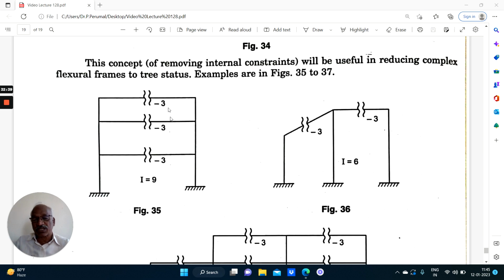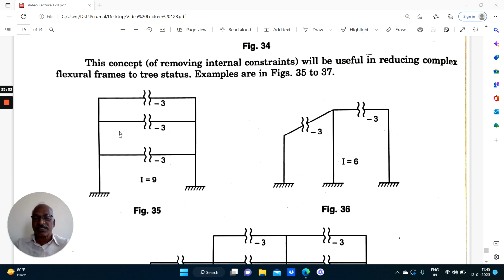Earlier, what we have done is, number of closed loops is 1, 2, and 3. Closed loops into 3, 3 into 3, 9, minus number of releases. No release here, no release here. Therefore, I equal to 9. That was the formula that we have used earlier. Number of closed loops into 3 minus number of releases.